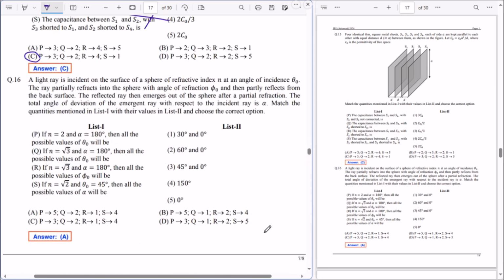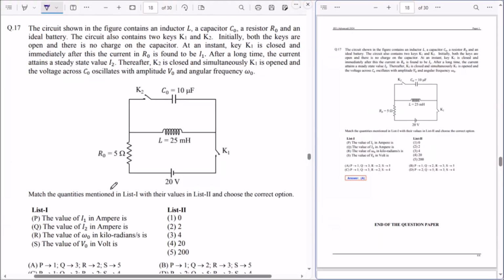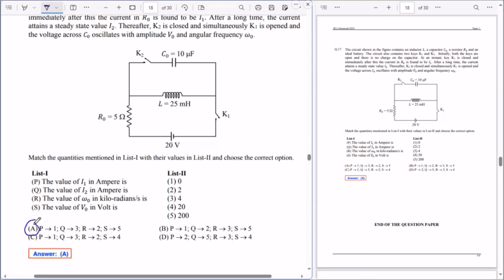Next, question number 16. The correct option is A, P5, Q2, R1, S4. Next, question number 17. The correct option is A, that is P1, Q3, R2, S4.